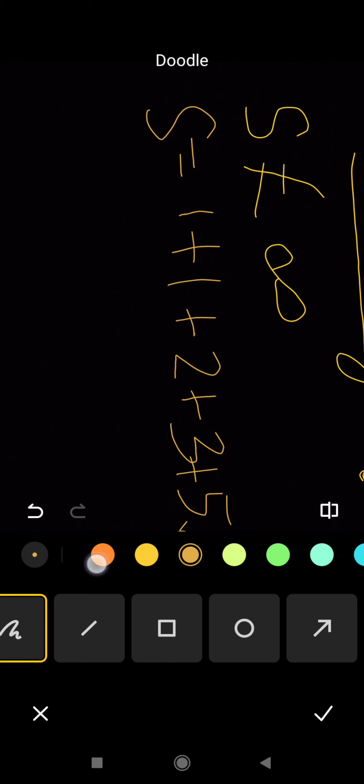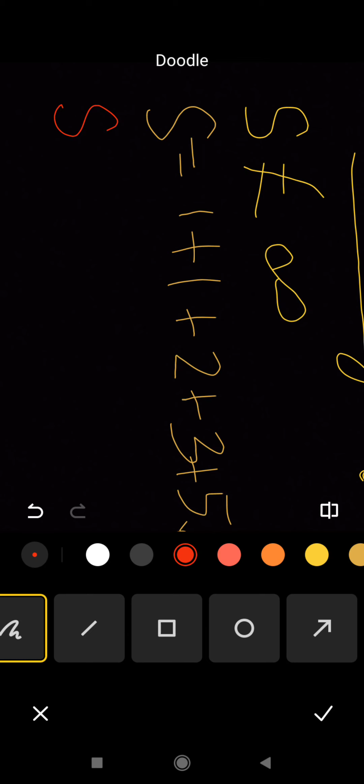Now we decide that we are going to add another S. You add an S on this side, so S is equal to 1 plus 1 plus 2 plus 3 plus 5, and so on to infinity.